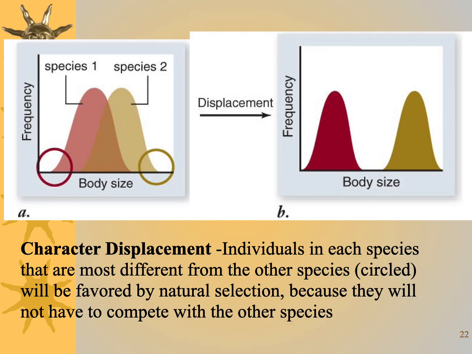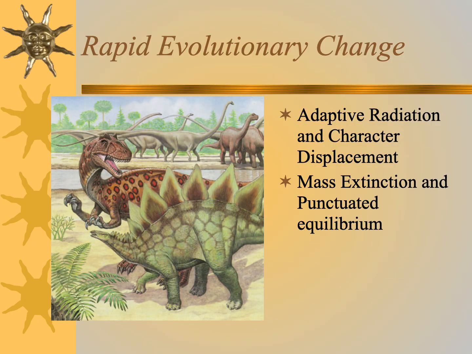And so you may get selection for divergent body sizes, where in lowland areas, it might be better to be small, and in upland areas, it might be better to be large. So we think these adaptive radiations and character displacements led to rapid evolutionary change. Okay. Most times we don't see that though.